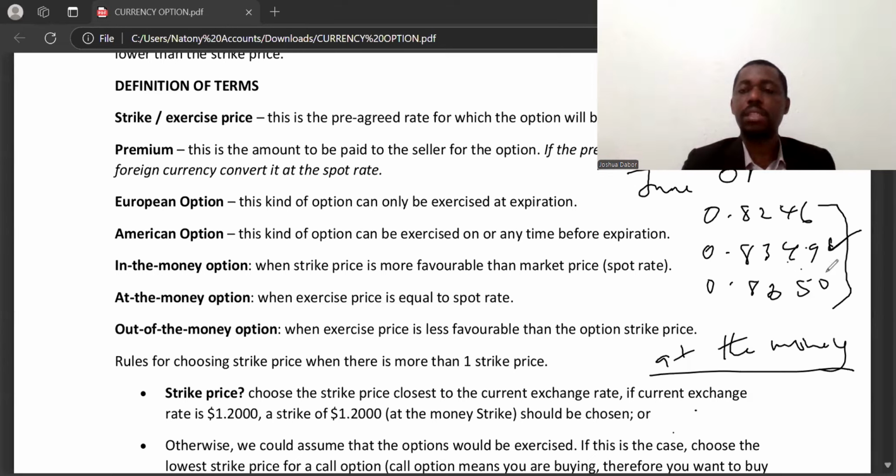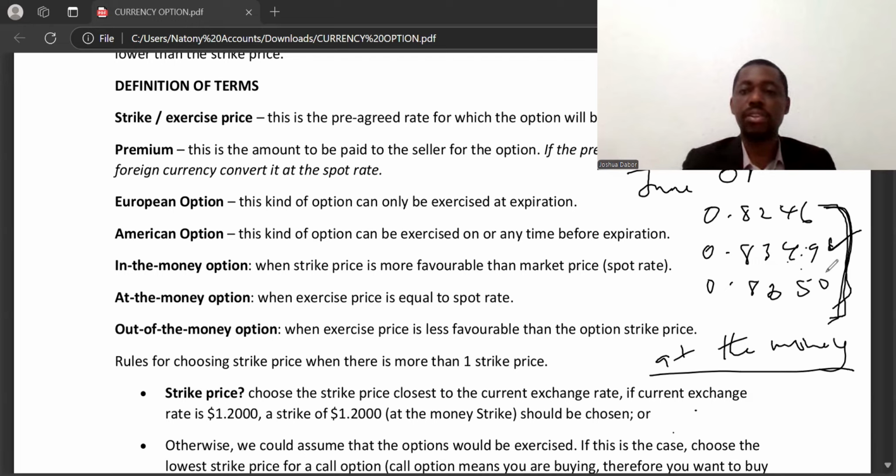If you check the option table, you see that there is no strike price that is equal to the spot rate. So there is no at the money strike price. So what do you want to do here? You want to look at the transaction to determine which of the strike prices you are going to be using. Now, if you want to buy a commodity, you want to buy at the lowest price possible. And if you want to sell, at the highest price possible.